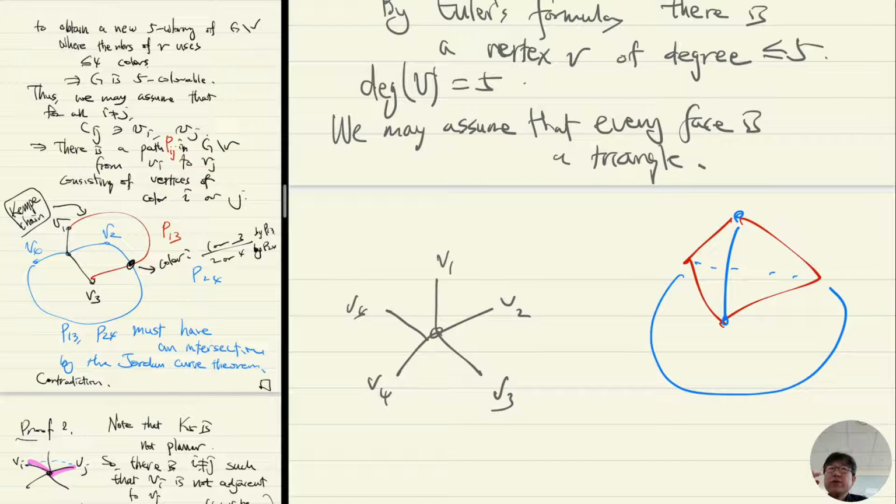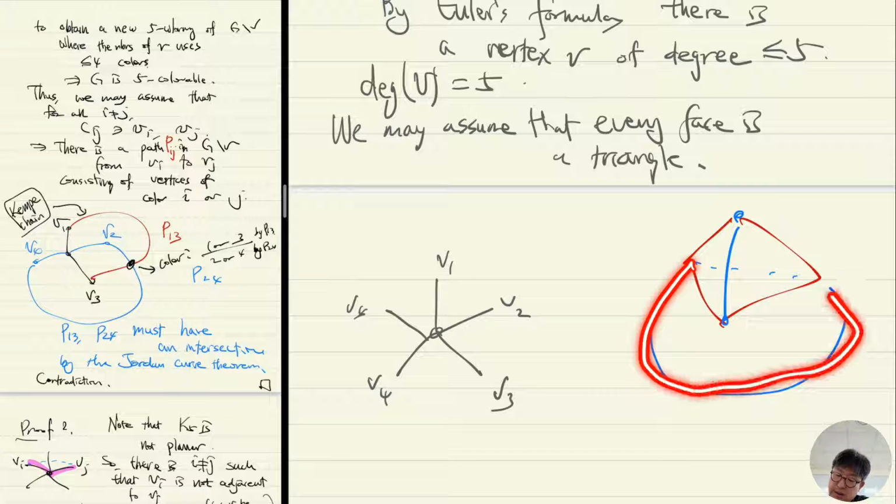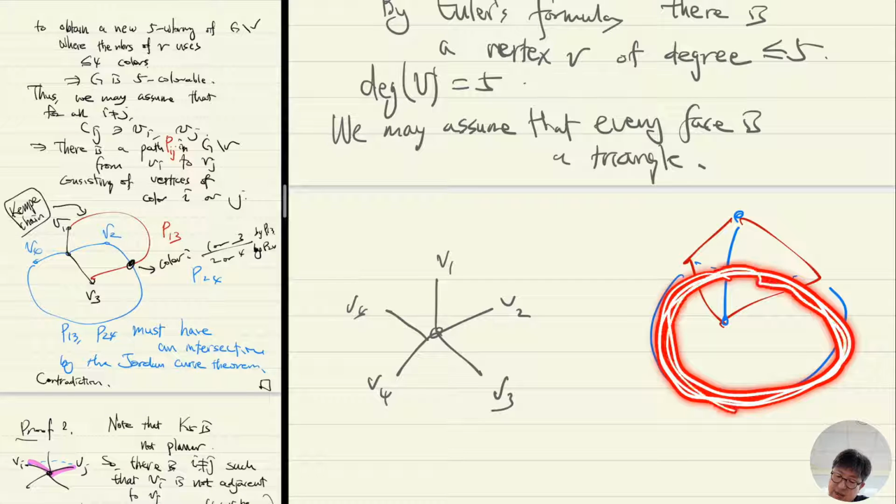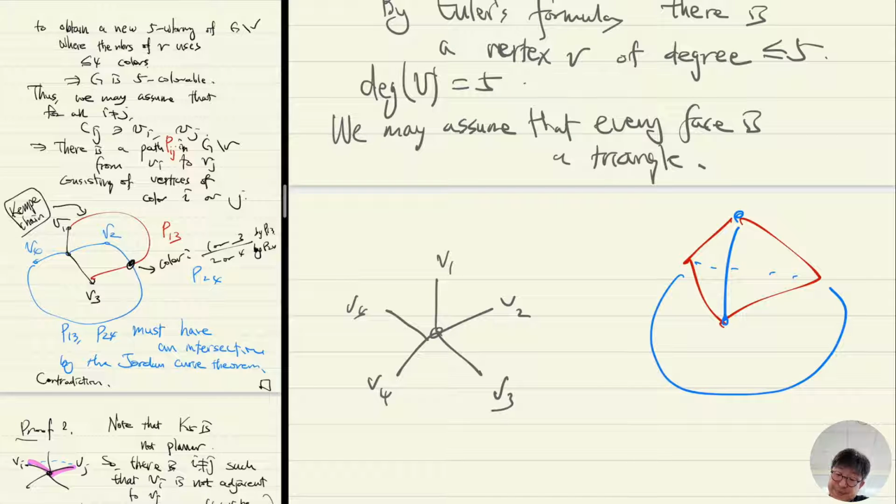Then it is no longer in conflict with the existing edge because of the Jordan curve theorem, right? There's no edge going from inside of this cycle to the outside. So I can always find some way to add a diagonal to a face of length at least 4. So therefore, I can assume that every face is a triangle.